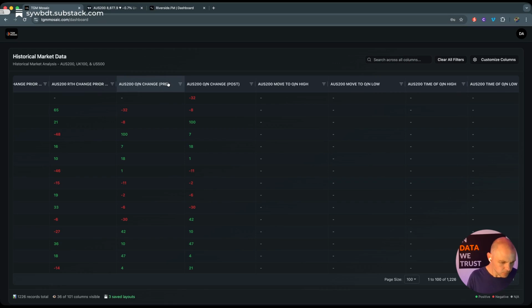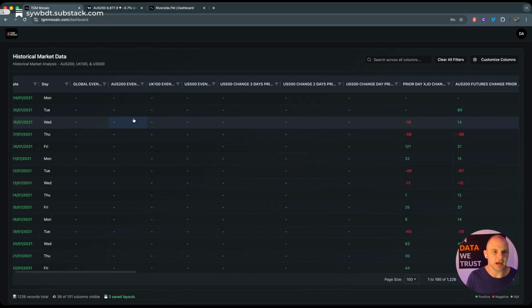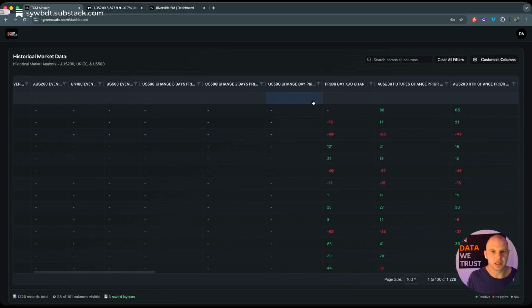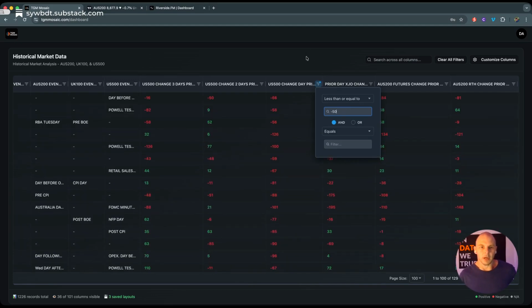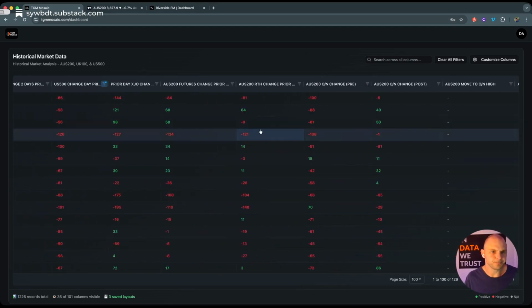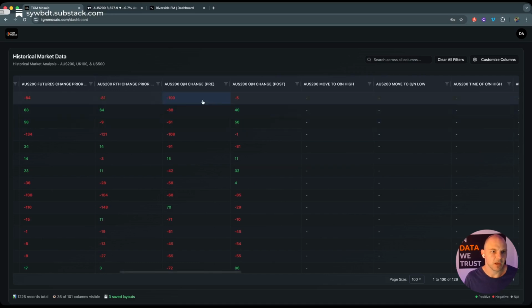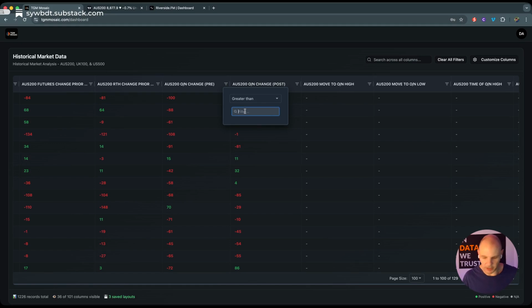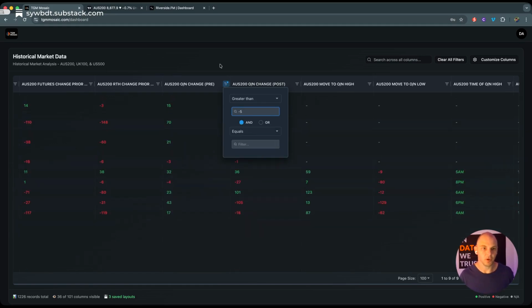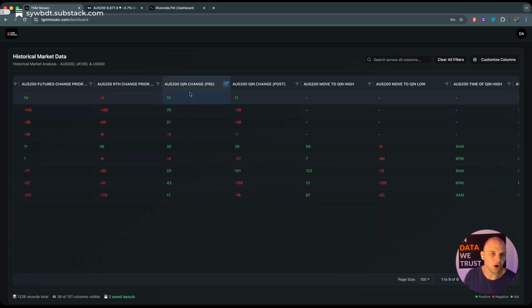So let's have a look at, okay, let's take that example and go, okay, S&P's fallen, say, 50 points or more, and the Aussie overnight has not really fallen. It's pretty much stayed flat or higher, okay?